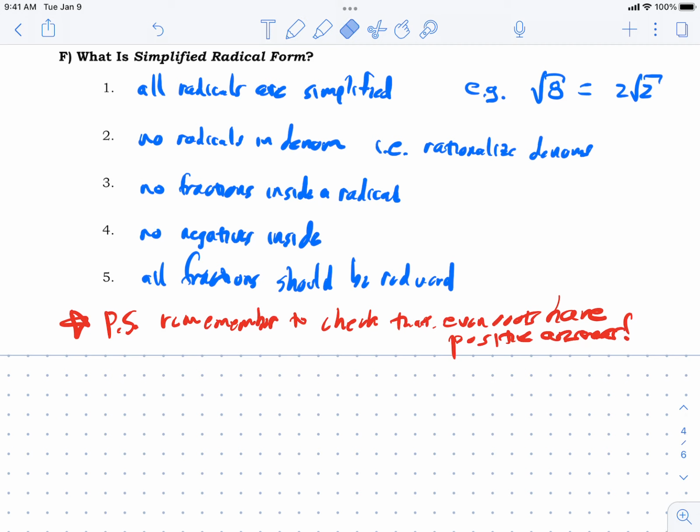Boy, that looks terrible, doesn't it? Positive answers. In other words, this was the basic idea. Square root of x squared is not really just x. Not necessarily, because if x is negative, it wouldn't work. So for even root radicals, you got to make sure the right side is positive. And if it isn't, put your absolute value in there.